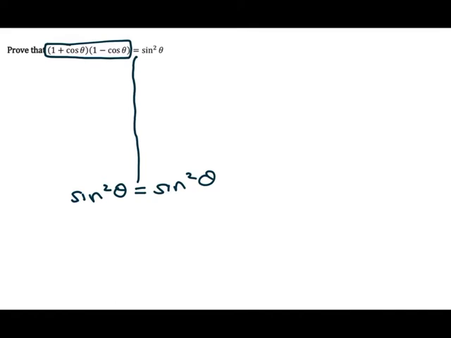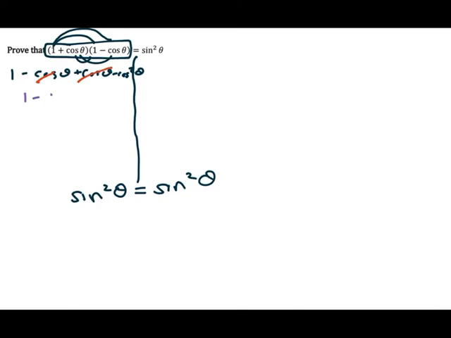So what I'm going to do is I'm actually going to distribute here. This is the difference of squares, but in case you don't see that, I would have 1 minus cosine of theta plus cosine of theta minus cosine squared theta, and then minus cosine theta plus cosine theta, that's going to add to be 0.